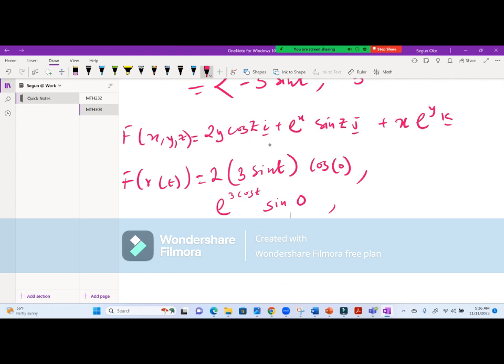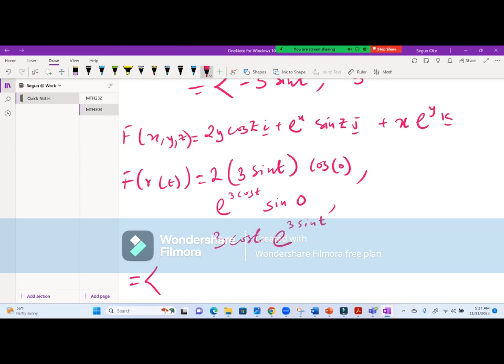Now we have y, and the k component will be what? 3 cos t, right? Yes, sir. Exponential 3 sine t. So let's just leave it. Let's now look at what we have at the end of the day.